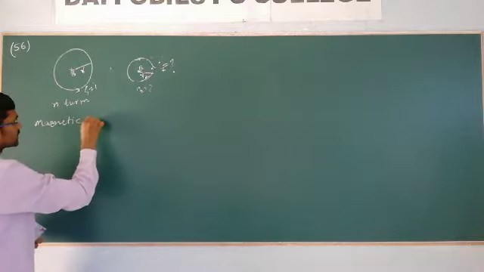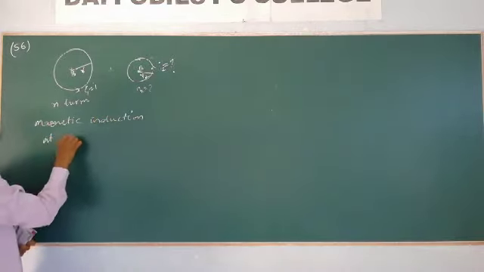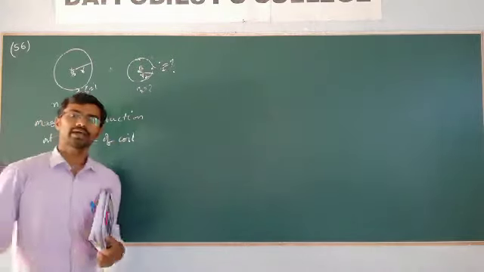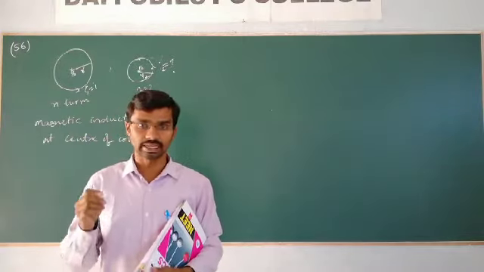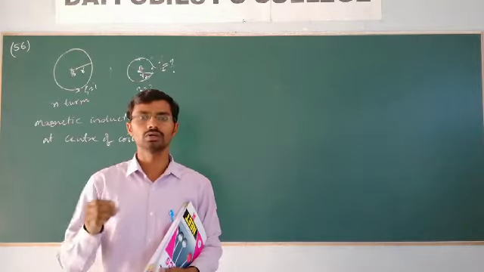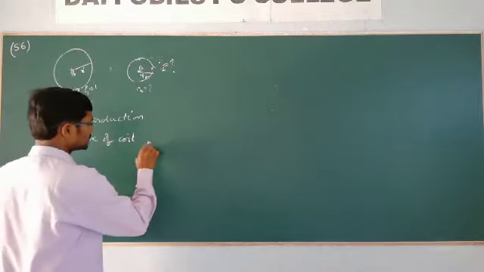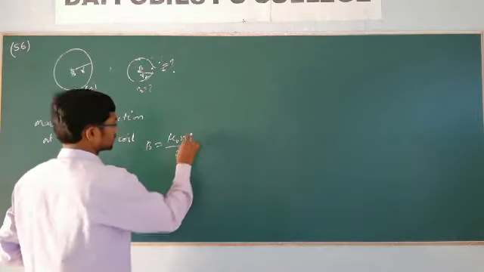Magnetic induction at the center of the coil. I have explained in previous classes, B is equal to mu naught N I by 2R, that is mu naught by 4 pi times I by R times 2 pi N. So you can write B is equal to mu naught N I by 2R.